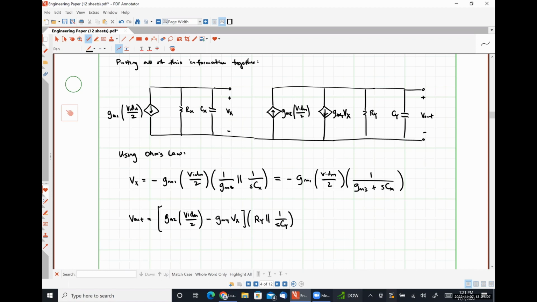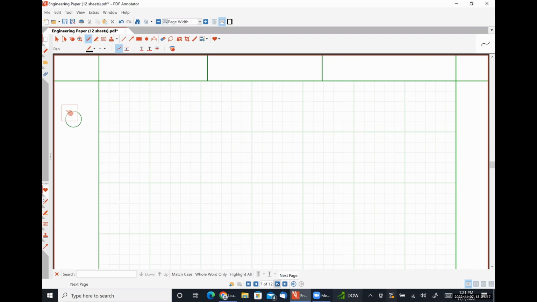So I'm going to jump ahead a page. You don't need to write this down. I just want to show you where this form is effectively coming from. So if I have a resistance in parallel with the impedance of a capacitance, this is R over SC divided by R plus 1 over SC.